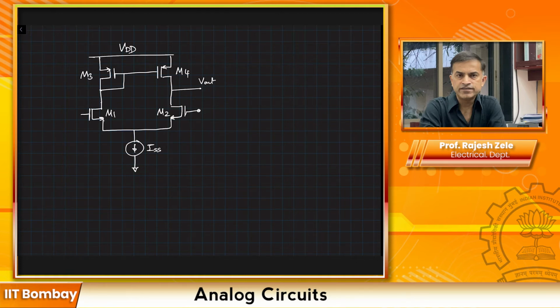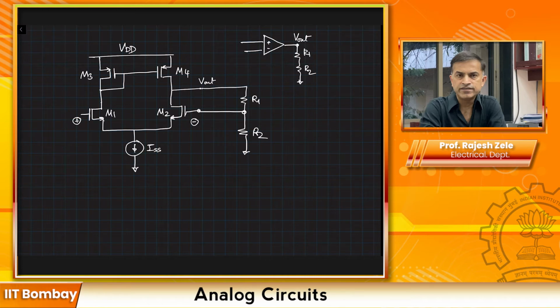So this would be your negative input and this would be your positive input of the amplifier. So this would look like this, a simple amplifier with plus and minus, and this is your Vout. And now we will put a resistor divider here, R1 and R2, and we connect the feedback like this, with the negative input connected to the feedback.